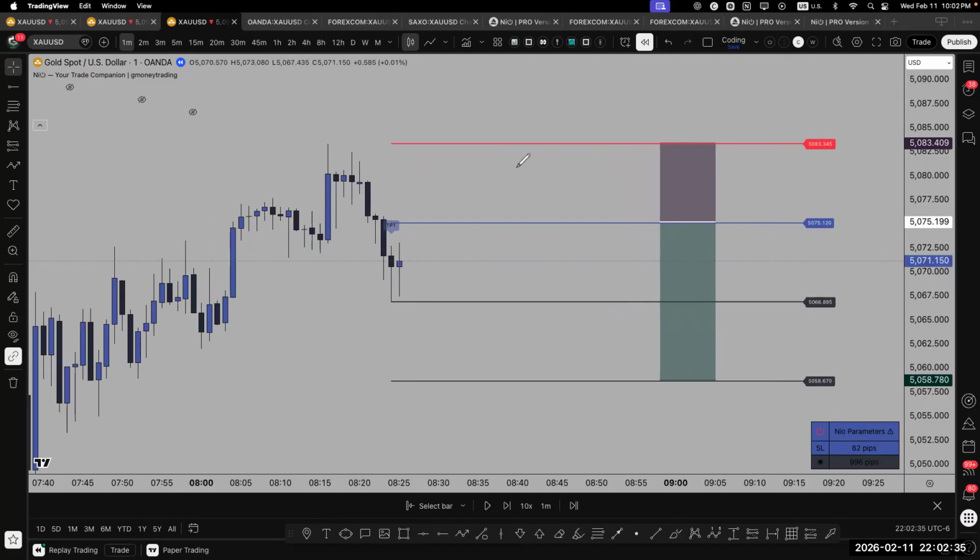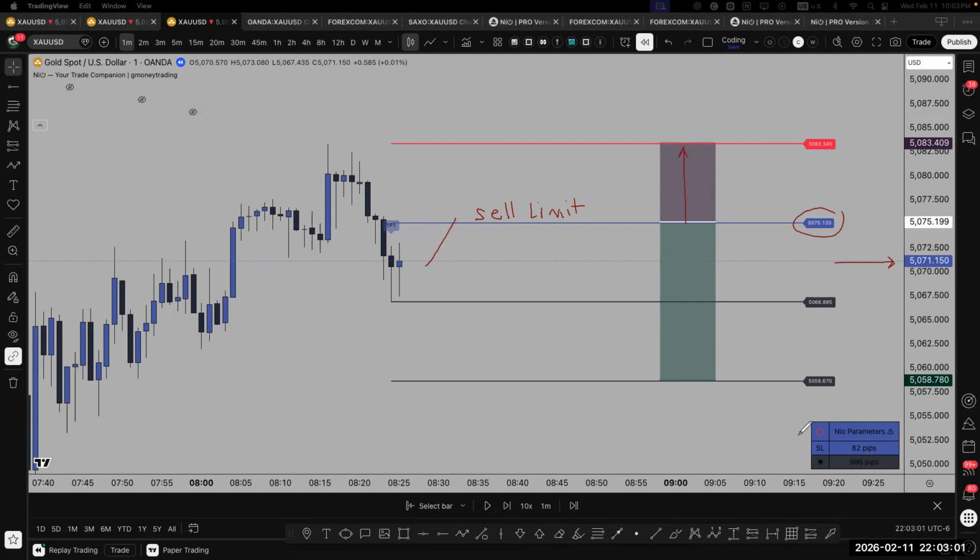So then all we're waiting for is for price to come. Right now we're at 50.71. The entry is at 50.75. So we want price to come in, put a sell limit, or put an alarm, and then enter when the alarm hits.